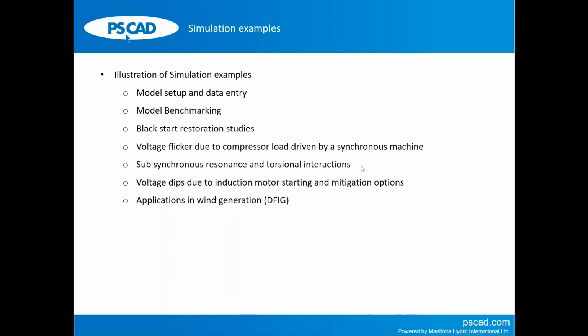Sub-synchronous resonance and torsional interaction is also a very common application, but I will not talk about it today because we have a webinar totally dedicated to this topic. Then I will show an example with the induction motor starting and fault recovery, and also another example of a type 3 DFIG type wind farm.